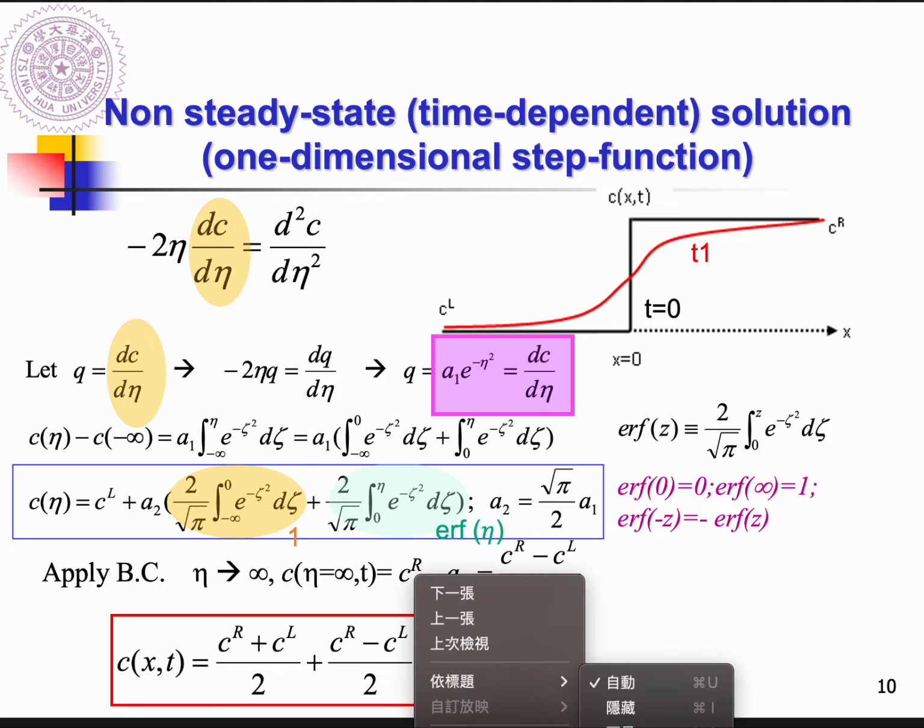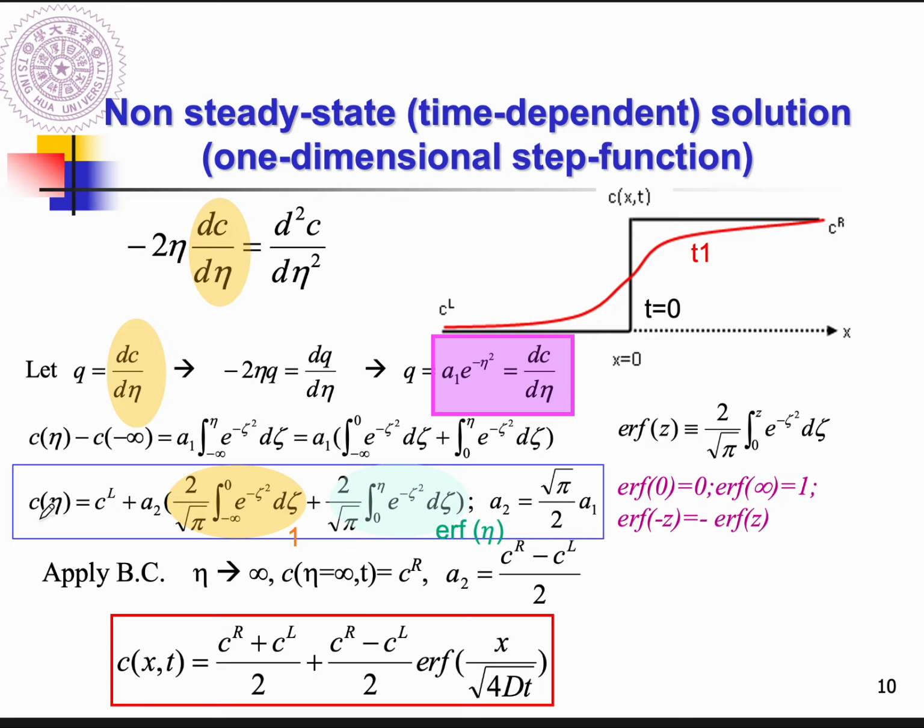So based on this, you can write down that when iota approaches infinity, this becomes Cr, right? And Cr equals Cl plus A2 times 1 plus 1, because iota approaches infinity. So now you get A2 equals Cr minus Cl divided by 2.